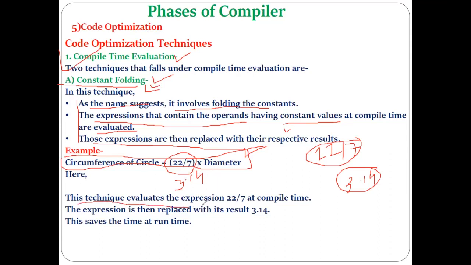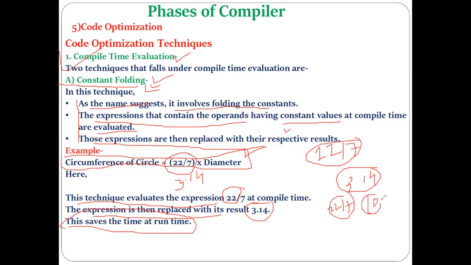So this technique evaluates the expression 22 by 7 at compile time. This expression is then replaced with its result, 3.14. Now what does it save? This saves time at the runtime, because at runtime it might happen that you compute this 22 by 7 maybe 10 times.